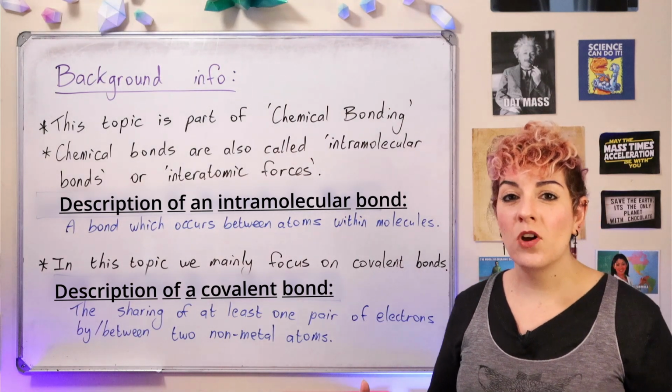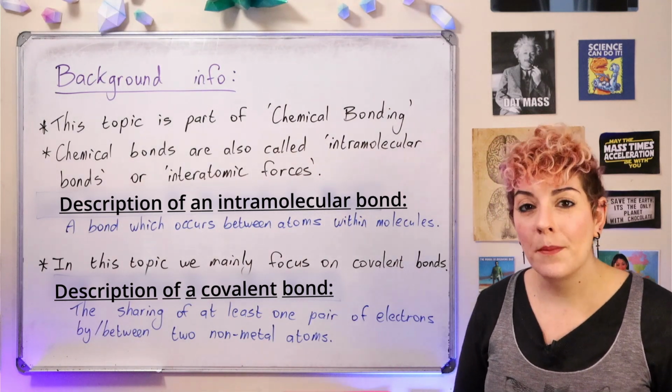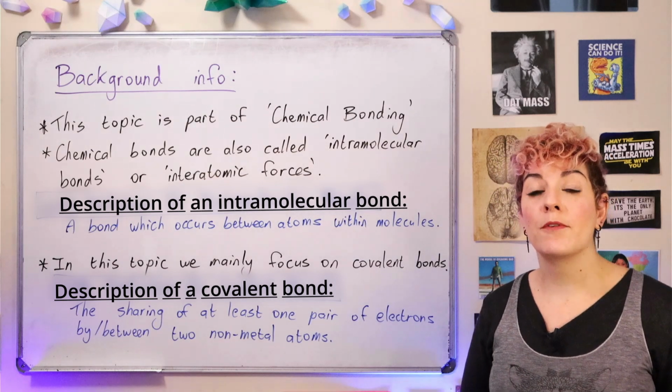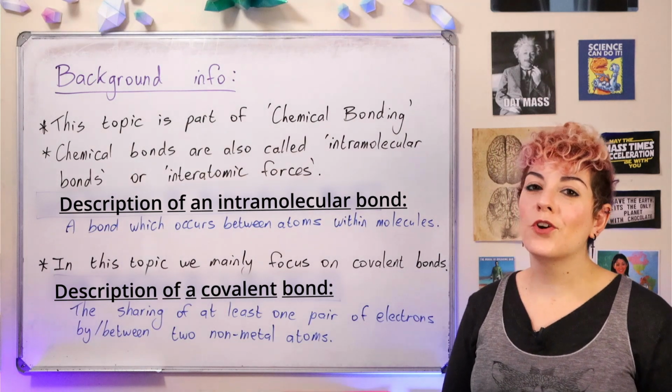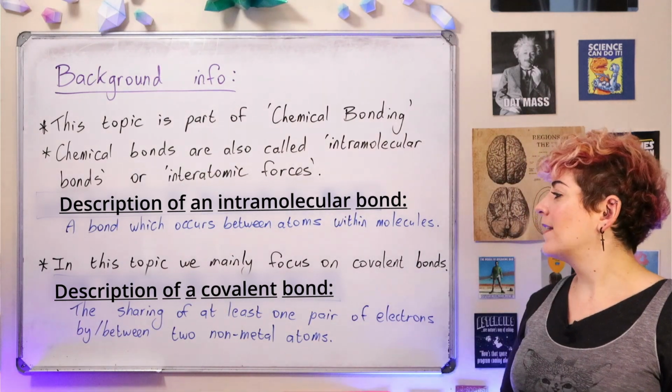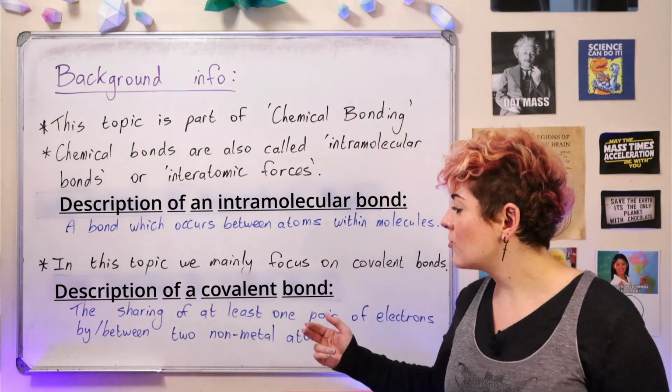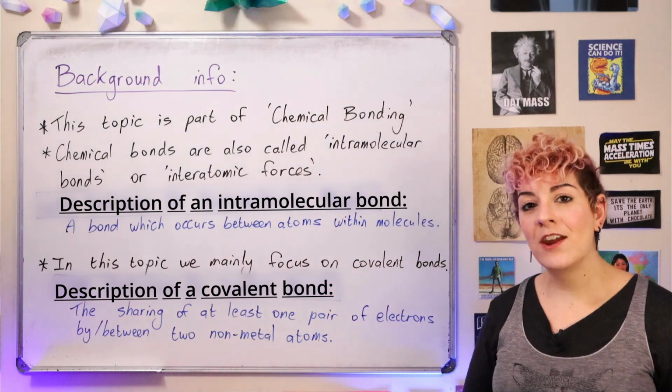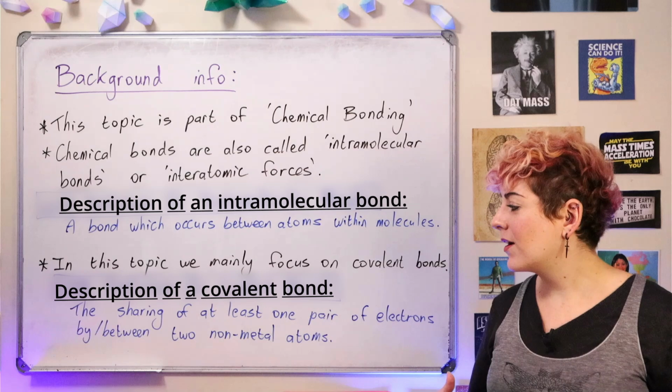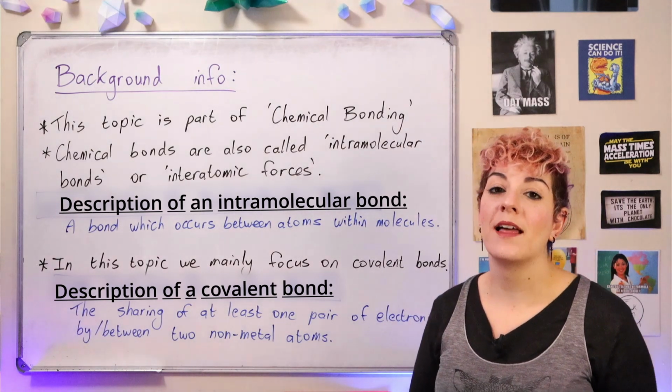Now, in this topic, we are also focusing mainly on a specific type of chemical bond called the covalent bond. A covalent bond is the sharing of at least one pair of electrons by or between two non-metal atoms.